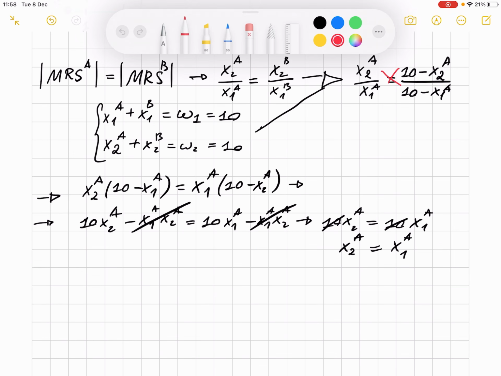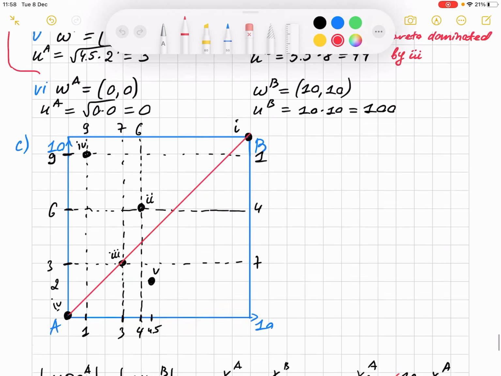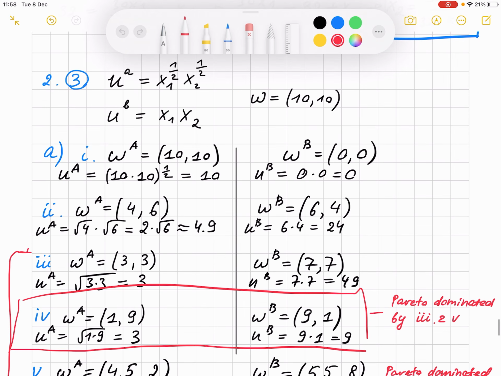And then we can see which of them are Pareto optimal. We just need to substitute the numbers into the Pareto set and see if it's satisfied or not. In this case it's pretty straightforward: x1 should be equal to x2.